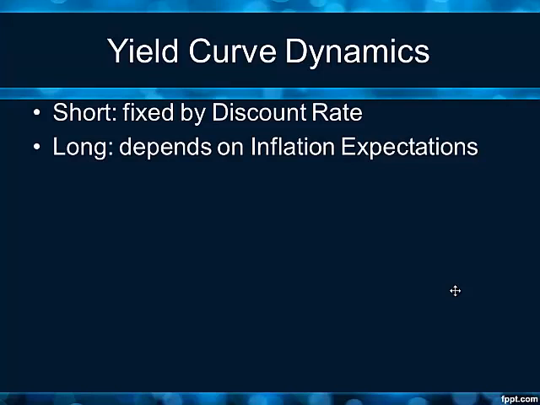So a short-run bond will offer rates close to that rate. The long-run bond will also have some idea about what you expect for inflation, and will also have some compensation for risk.